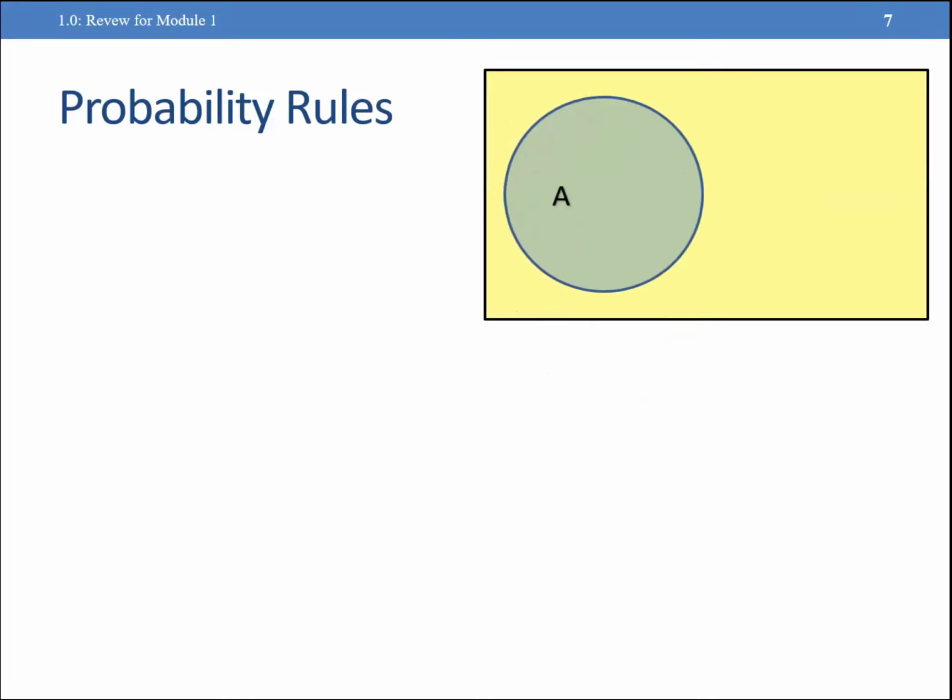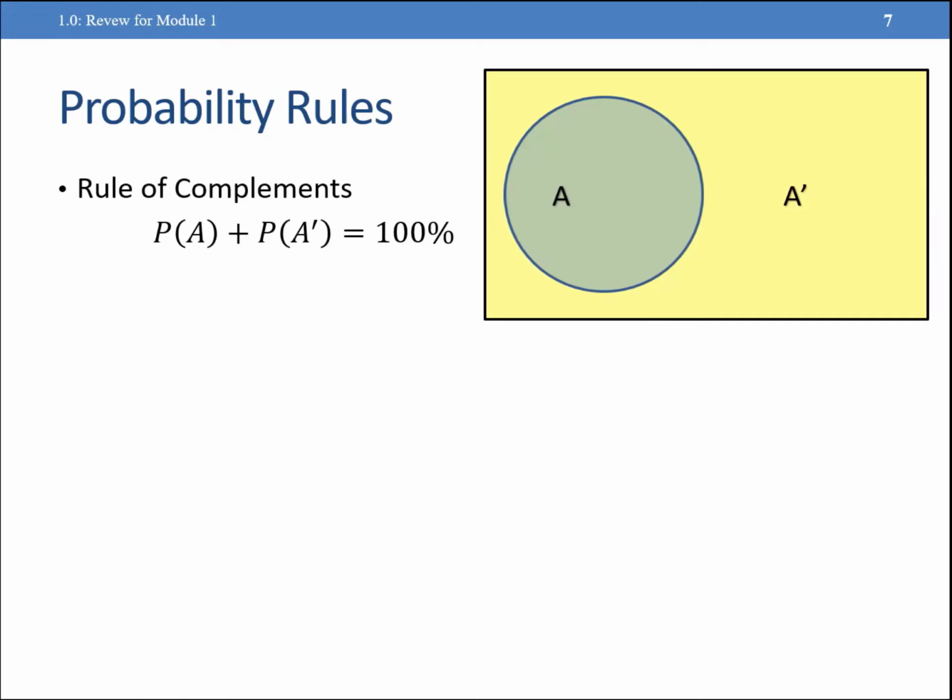You can see that it's not 100% likely, maybe 30%, I don't know. Everything that's left over in the yellow box outside of that circle would be considered the complement. So you can see the rule of complements is that the probability of A plus the probability of the complement should add up to 100%.